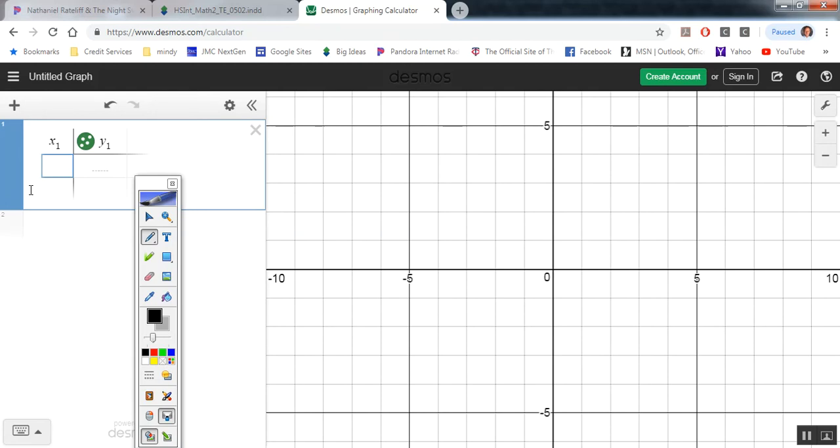I'm going to go over to my computer here. So tell me what the values are. 1 comma what first, kids? Comma, -4. Next point. 2, comma, -2. Next one. 3, comma, -4. 4, comma, -16.